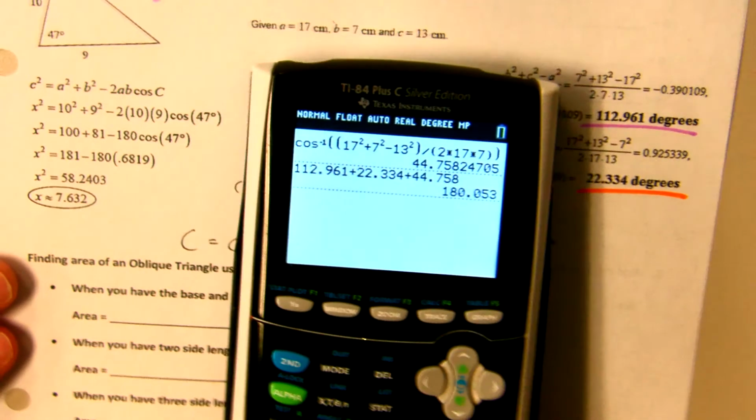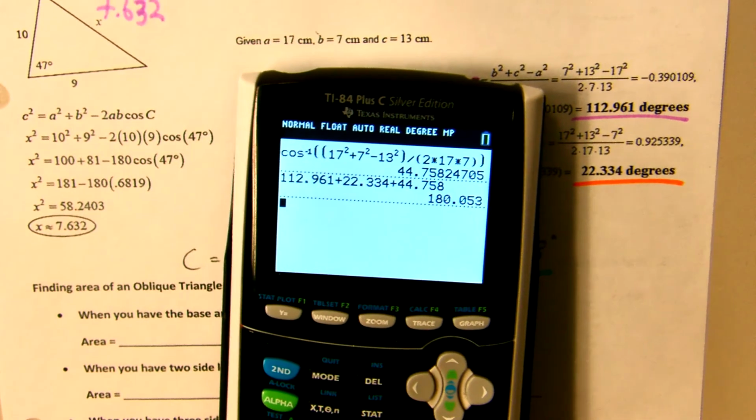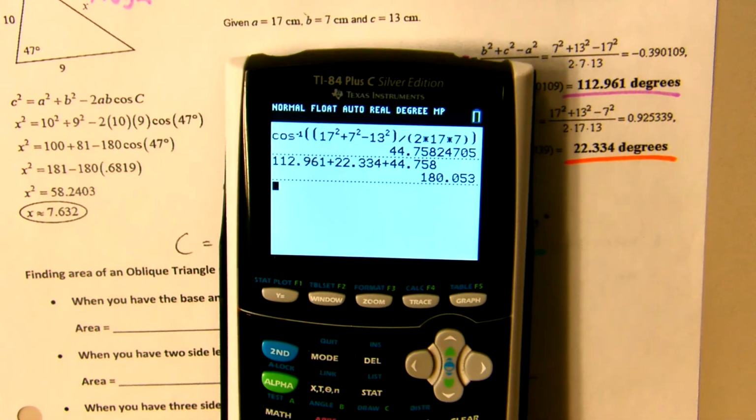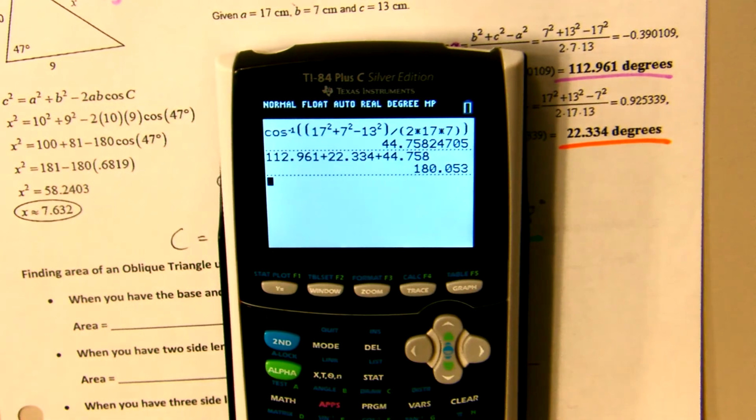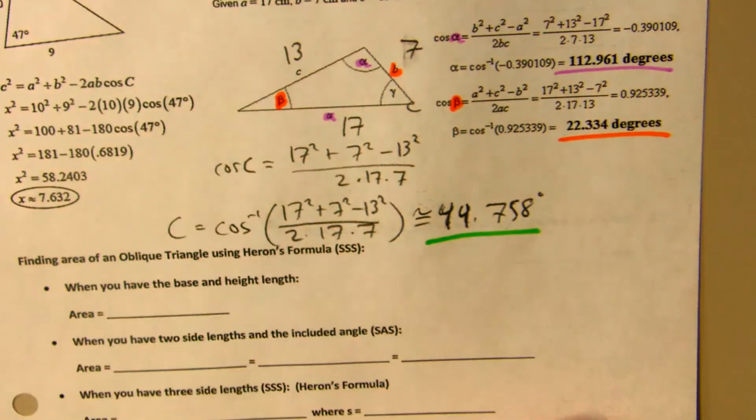There's a little bit of a rounding difference. But I can test, it's supposed to be 180 degrees, so if I did the law of cosines correctly, the total should be 180. So that's why I would do that sometimes, even though it's not completely necessary.